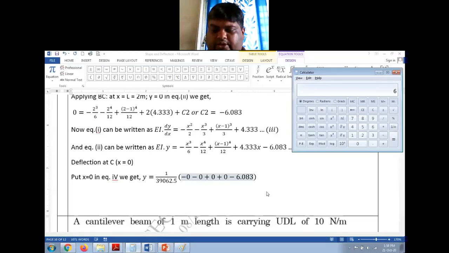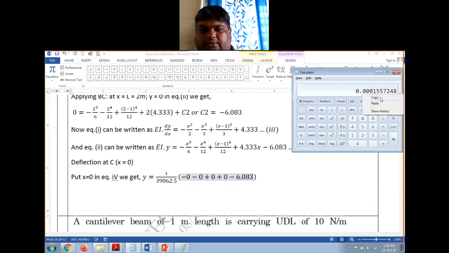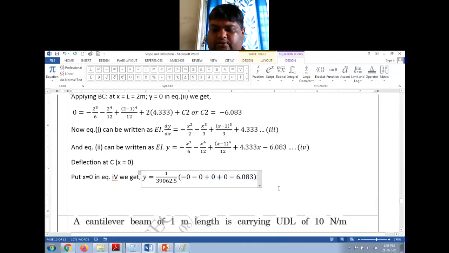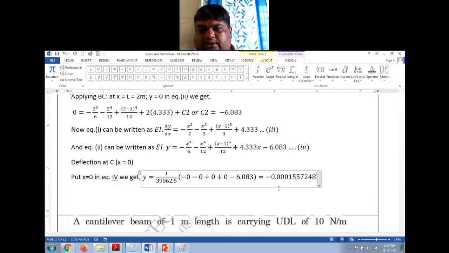So 6.083 by 39062.5. This is equal to negative of this 0.000156 meter, which is equal to, that's very less, 0.156 mm.